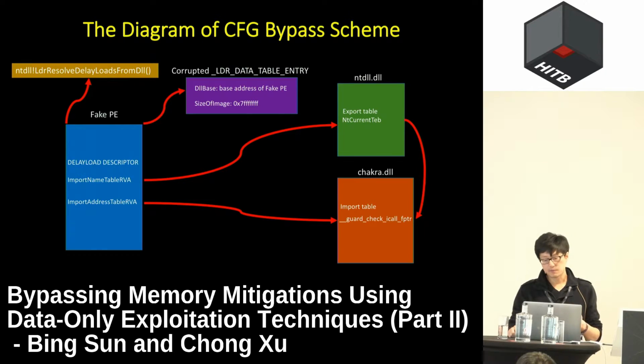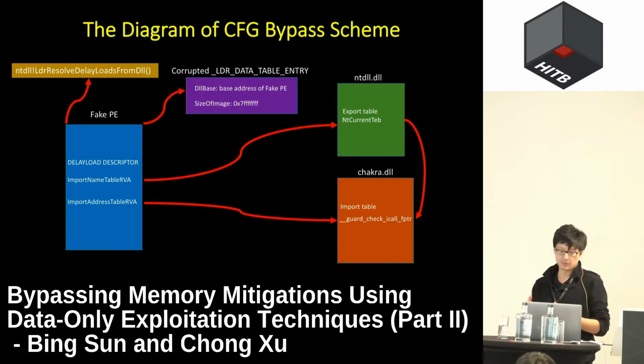Besides, in order for the operating system module loader to believe our fake PE is a loaded module, we need to either corrupt an existing entry in the LDR data table, or we can just create a new one. The DllBase is pointing to the base of our fake PE, and the size of image is set to 2G.